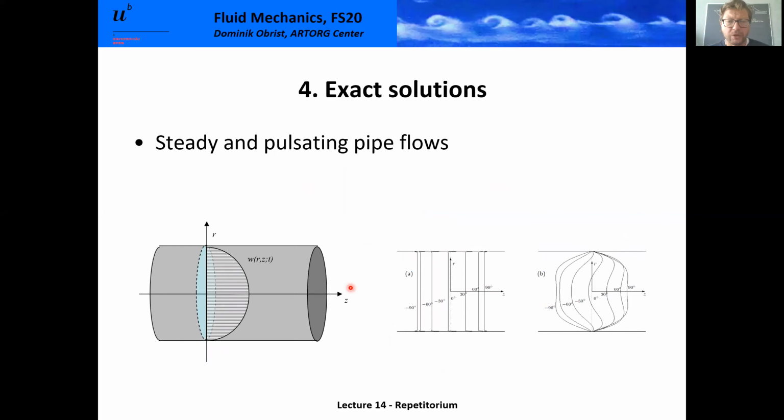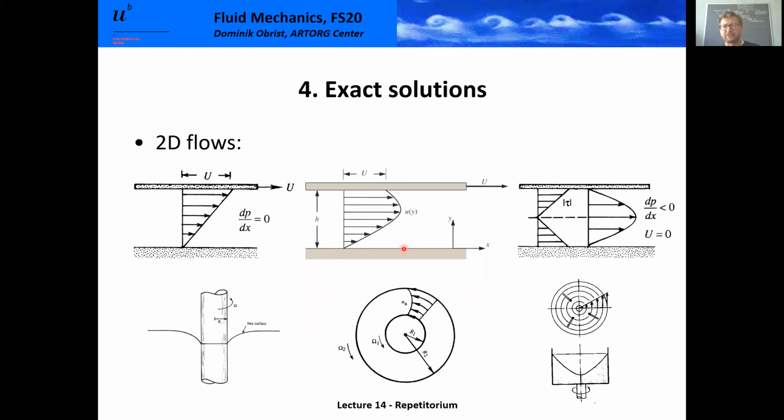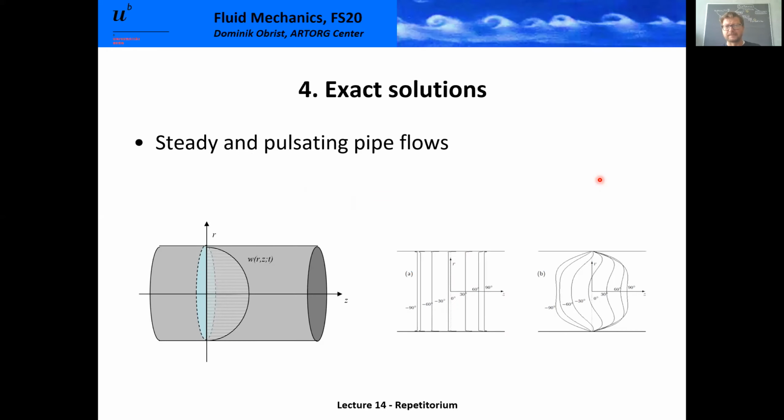We also looked at the exact solution for flow through a pipe. We didn't really derive it, but it would have been very similar to the derivation of the flow between two flat plates, except that we have to go into cylindrical coordinates. But other than that, the solution is very similar.